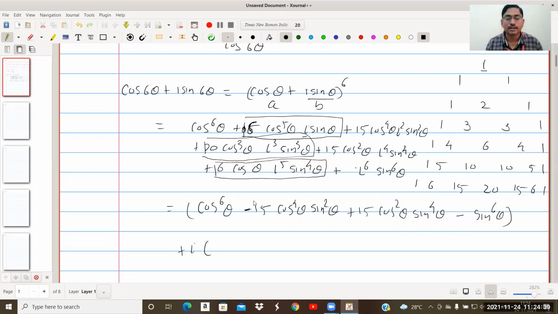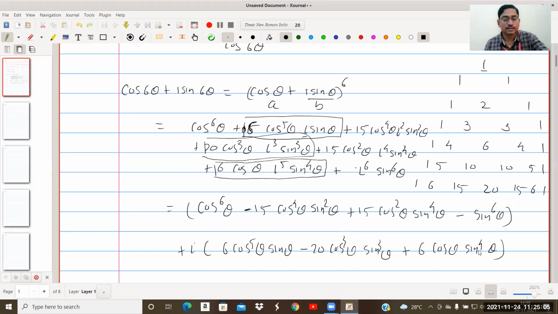I will take i common from the rest. So the first term is 6 cos raised to 5 theta sin theta. i cube is minus i, so minus 20 cos cube theta sin cube theta. What next? i raised to 5 is plus i, so 6 cos theta sin raised to 5 theta.